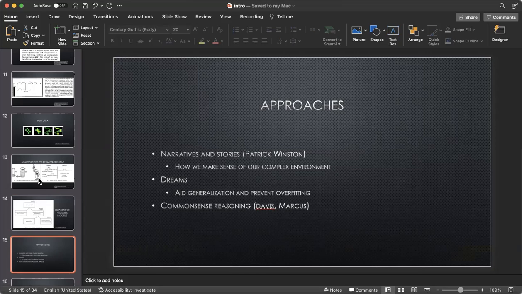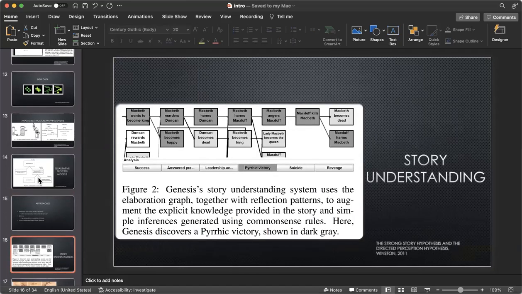So there's a theory. Again, there's an excellent paper on common sense reasoning, similar to the qualitative process models that we talked about. So, story understanding. An excellent paper from Patrick Winston is on understanding, for example, a Shakespearean drama, Hamlet I think in this example. There's a computer program that, if you give it a synopsis of the text of Hamlet, can generate a narrative arc of what is actually happening.